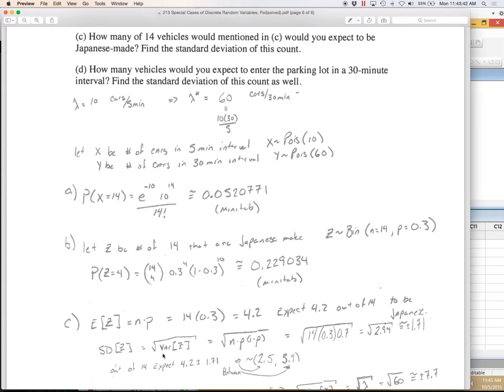What is the standard deviation? Again, for the standard deviation of a binomial, it is root n times p times 1 minus p. So n, of course, is 14, p is 0.3, 1 minus p is 0.7, I take the square root of it, plus or minus 1.7 expected to be Japanese.